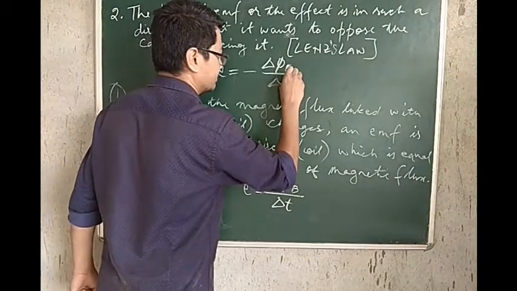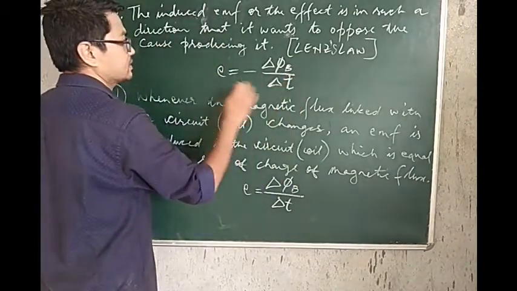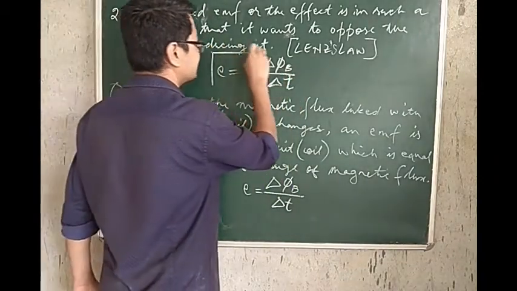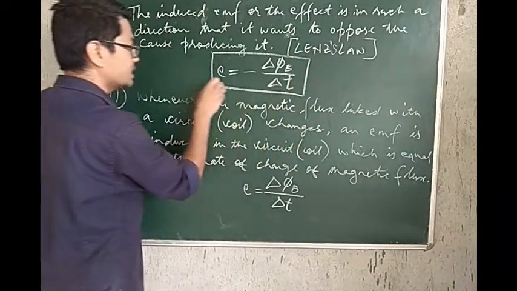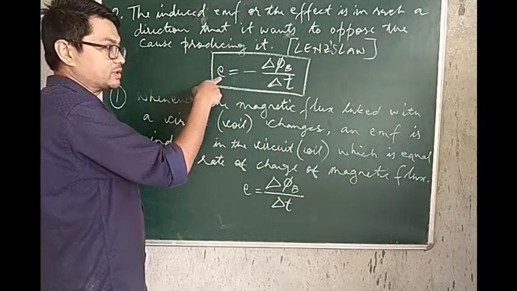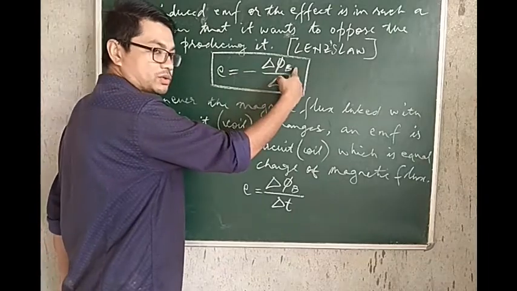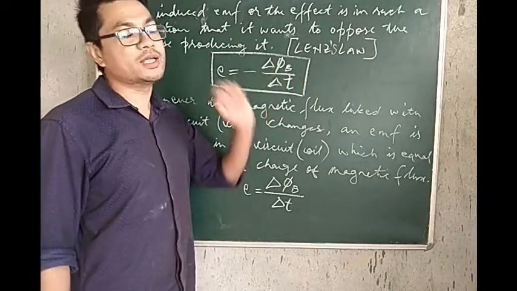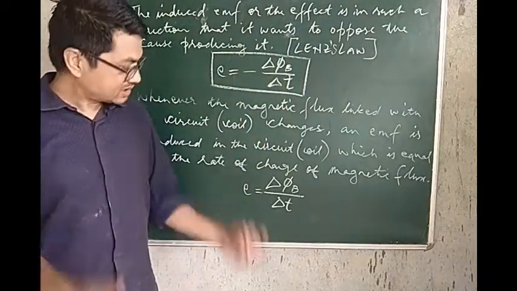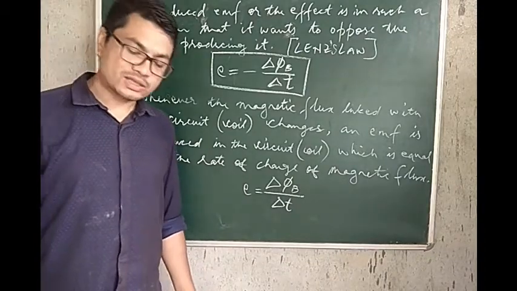This is a small t. The minus sign tells us that the EMF induced is in such a direction that it wants to oppose the cause. So the minus sign comes from Lenz's law, remember. So this is about Faraday's laws.